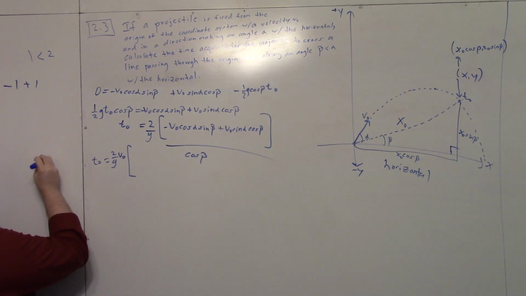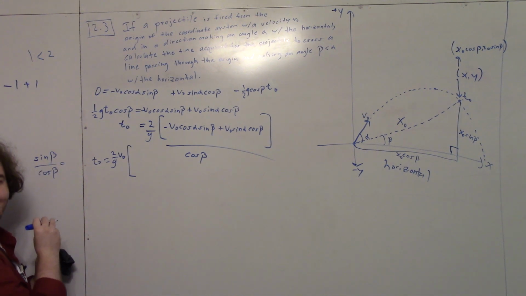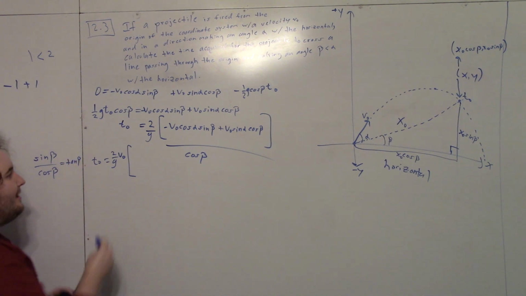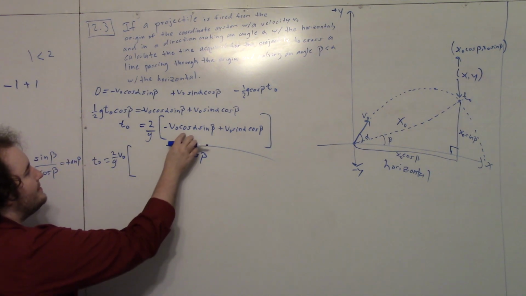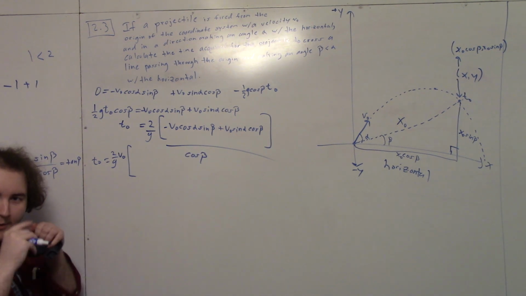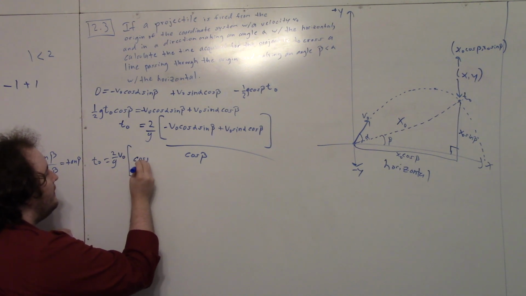What's that? That's the tangent we learned once upon a time. We still have a cosine alpha. Since they're different angles, we can't do the same kind of tricks. So that's a cosine alpha.